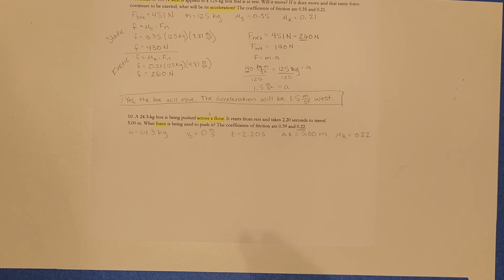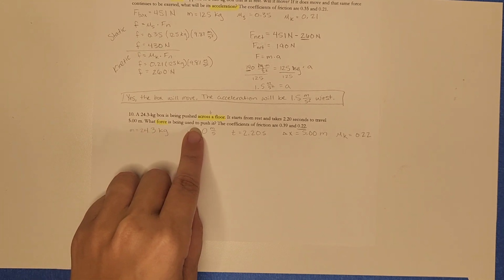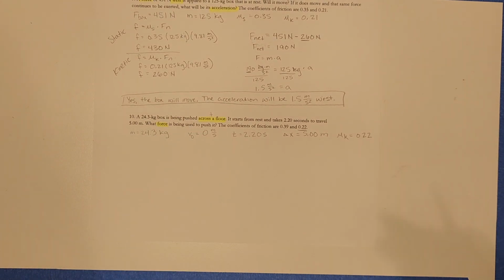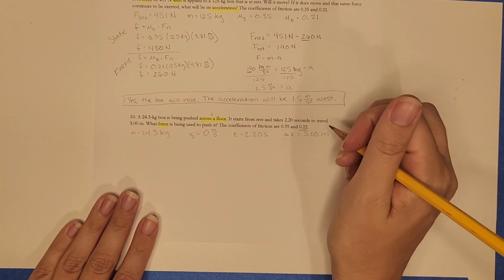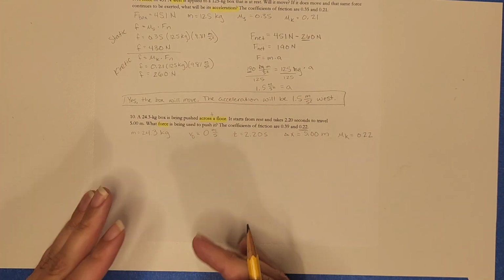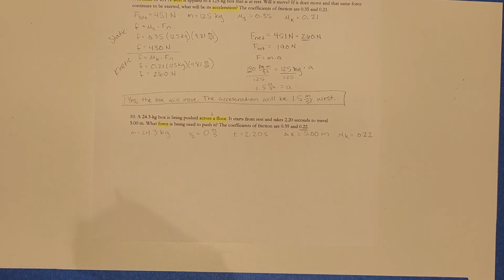This is going to be a multi-step problem, but if we know what equation we ultimately need to use to get force, then we can backtrack and figure out what we are missing in that equation in order to find the answer. So I'm going to write down what that final equation is going to be.